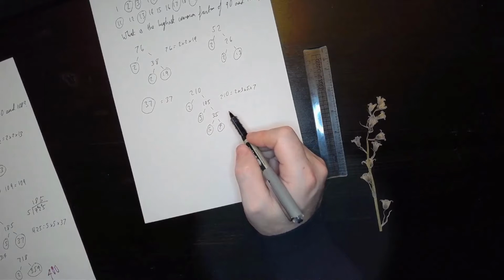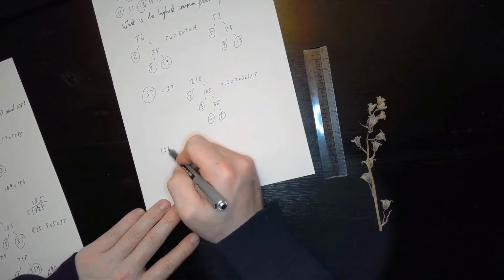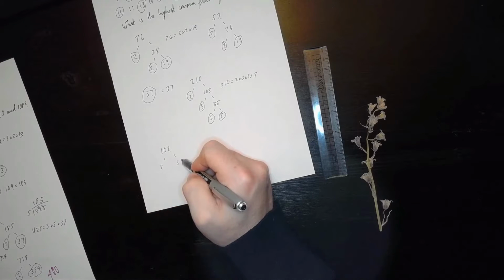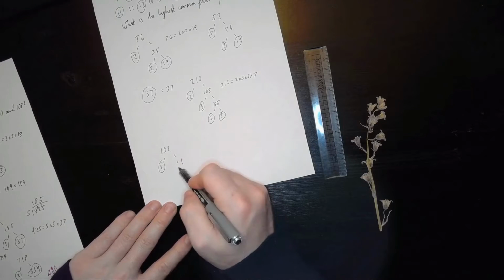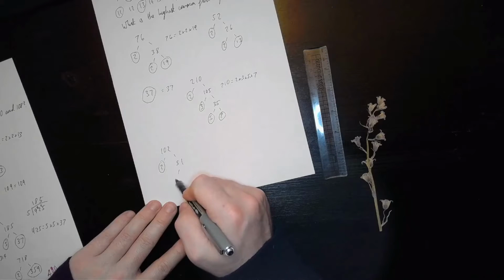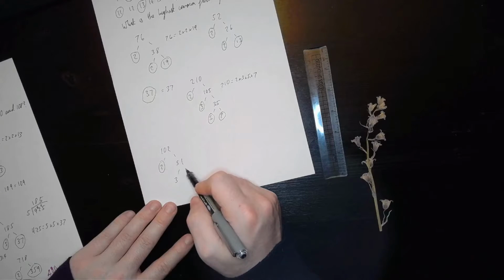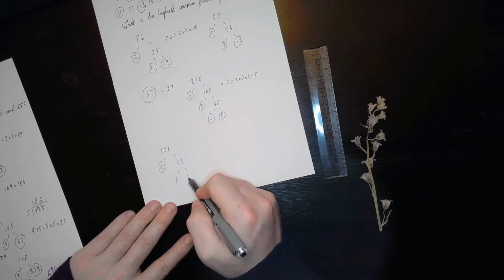Okay, so we'll do a couple more. 102, 2 times 51. So does 3 go into 51? I think it does. 3's into 30, 10. 3's into 21, 7, so it's 17 times.